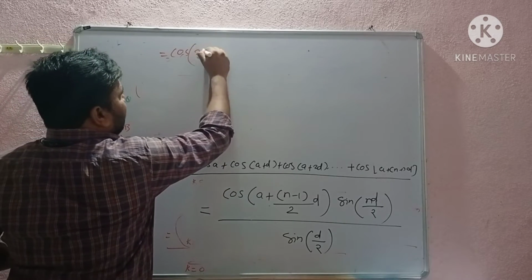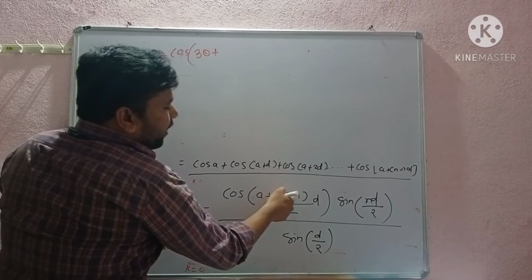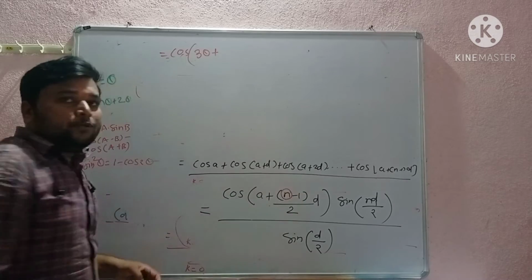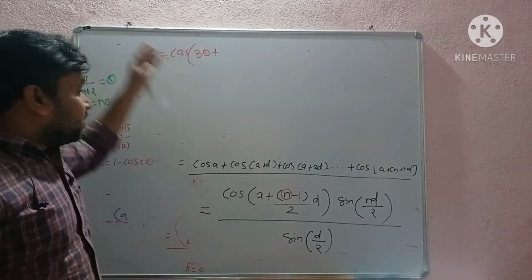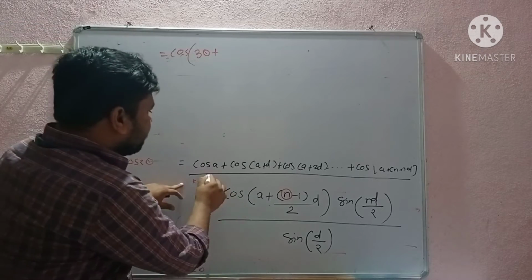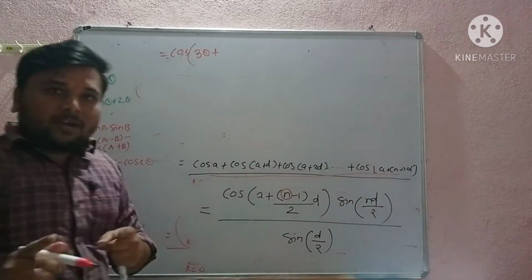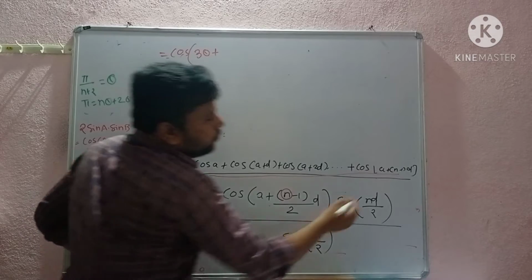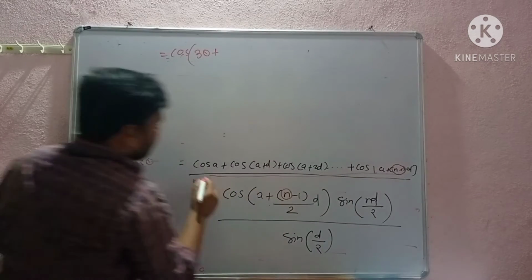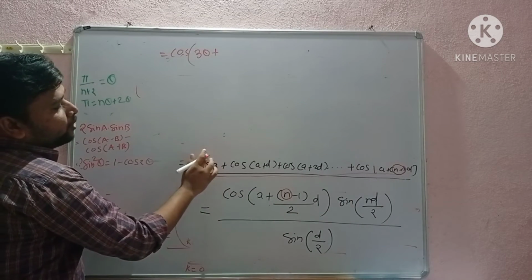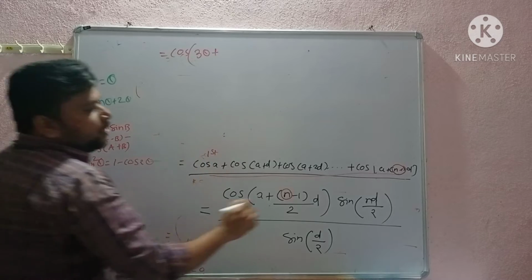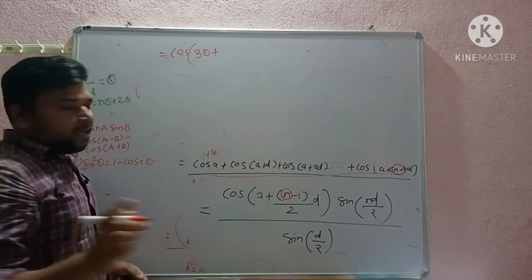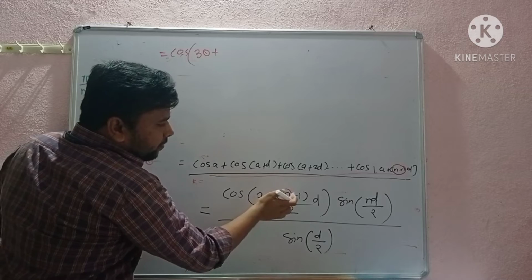So write 3 theta plus (n minus 1). Here do not confuse between the n. The n for the general equation is n, but for this series the value of n is n plus 1, because the 0 is counted from the first term, so it is the (n plus 1)th term. Therefore the n value is n plus 1.